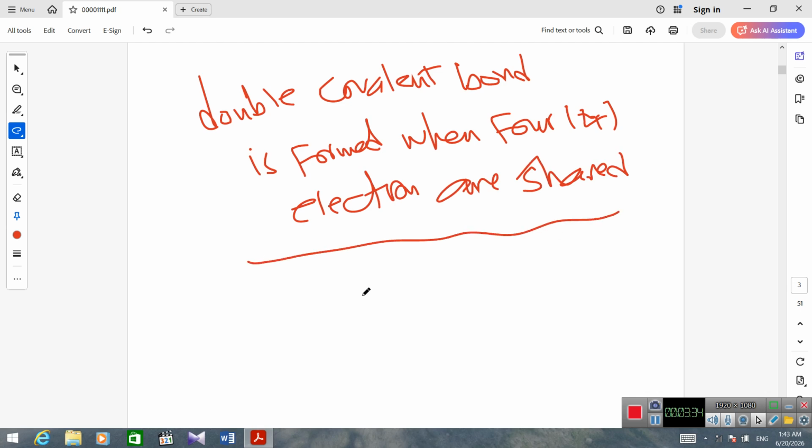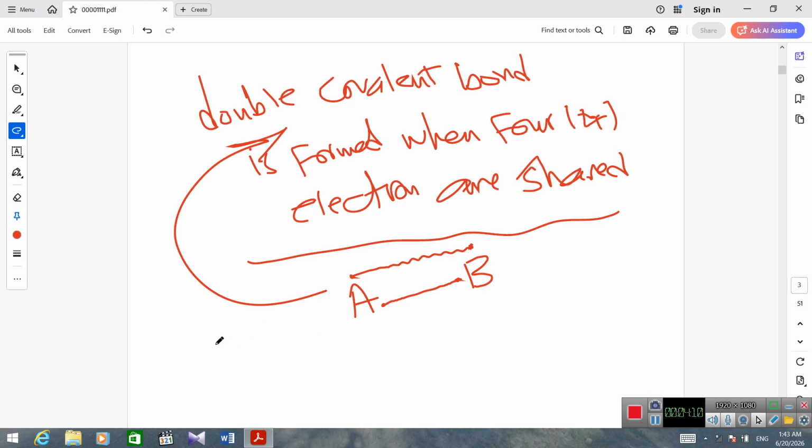For example, when atom A has two single electrons, and similarly atom B has two single electrons, we can connect one single electron from atom A to one single electron of atom B, and similarly we can connect another single electron together, and a double covalent bond is formed like this between A and B.